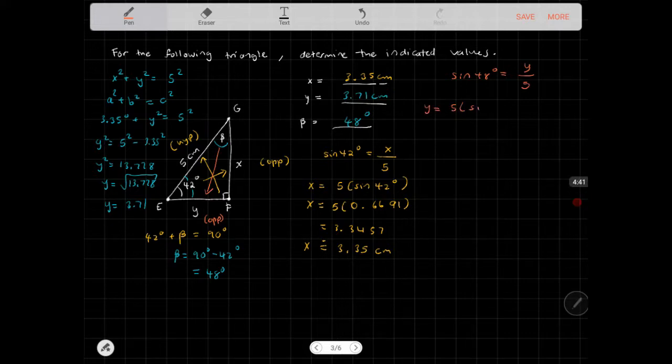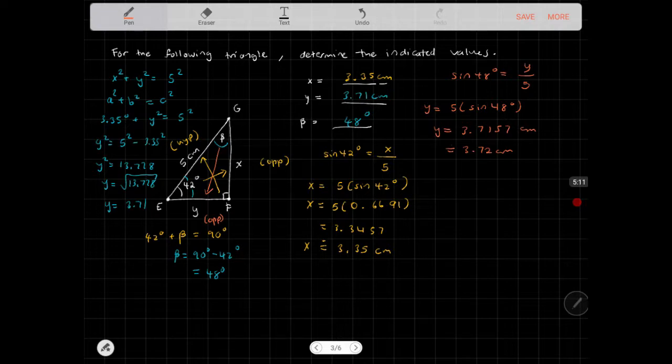Y is equal to 5 times sine 48 degrees, which is also 3.7157 centimeters. So it's approximately 3.72 centimeters, which is basically what we have here, right? It's like 3.715. I could have had a rounding error here that caused a slight deviation, but you can notice here that it's the same value. So this just indicates that there's multiple different ways you can do this.